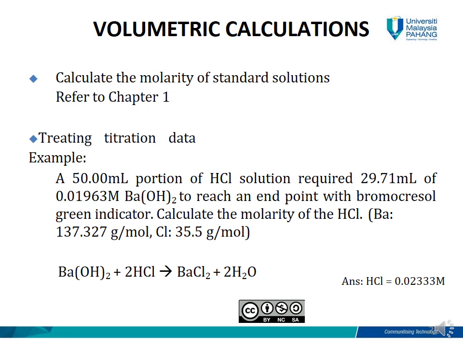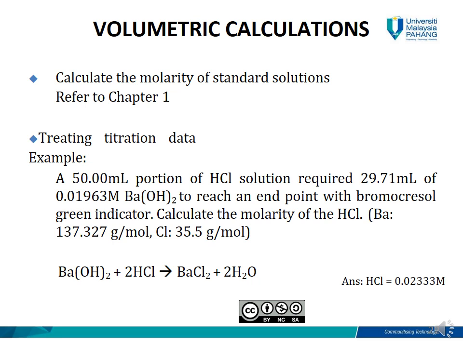First of all, you need to consider the chemical reaction, and you must balance the chemical reaction first. After that, you need to calculate the number of moles involved that makes the reaction complete.